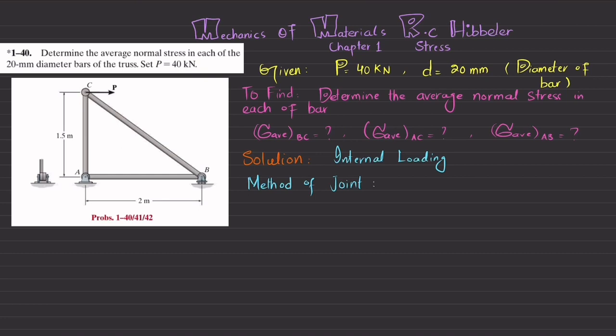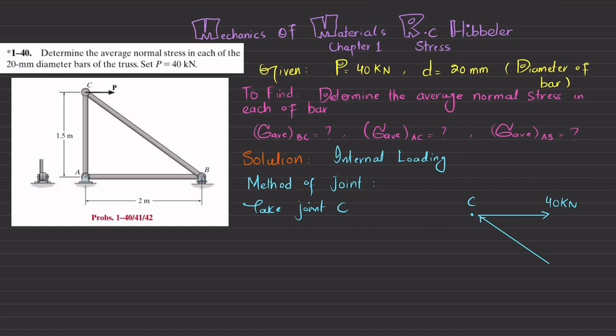So we will take joint C and we will find the forces. Let this be joint C, where a load P equal to 40 kilonewton is applied, and at point C you can see there is a load from BC, and this will be in this direction.